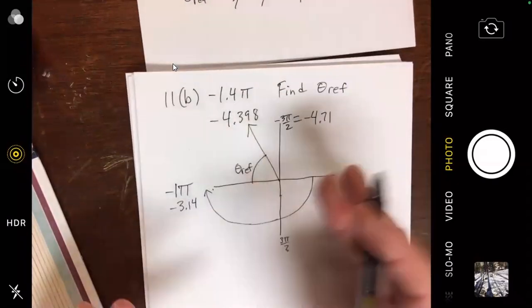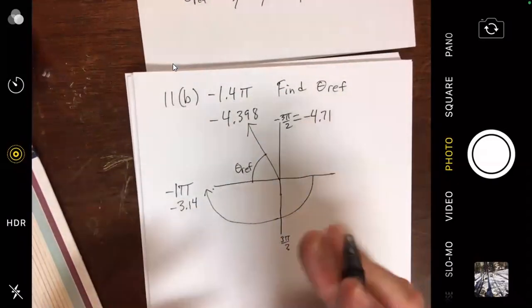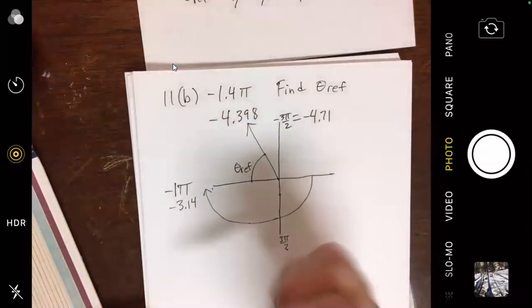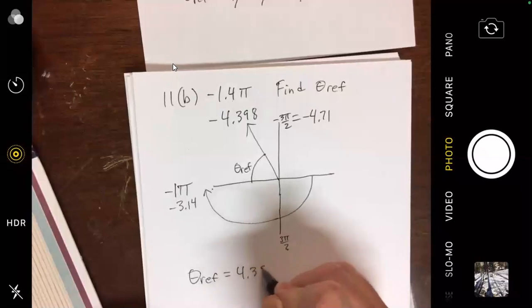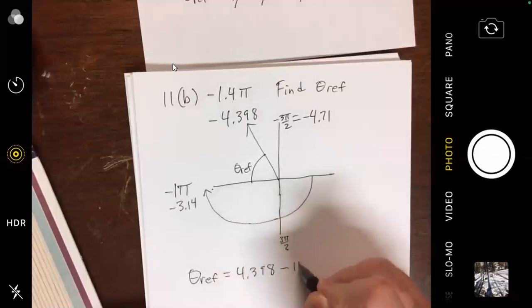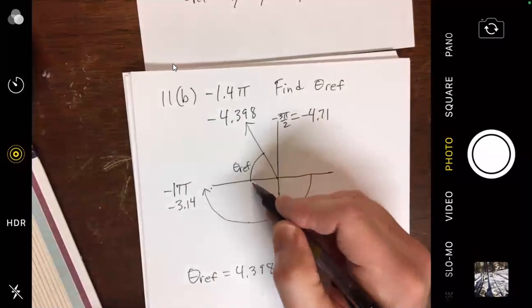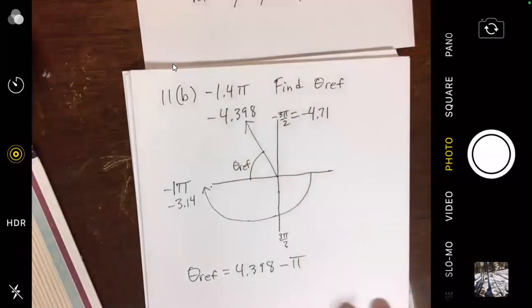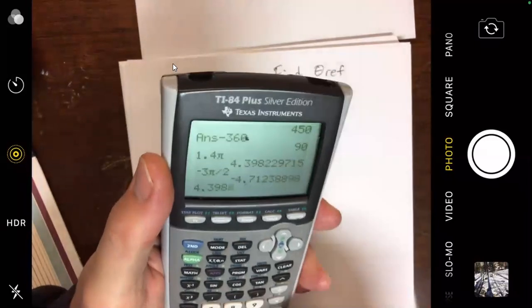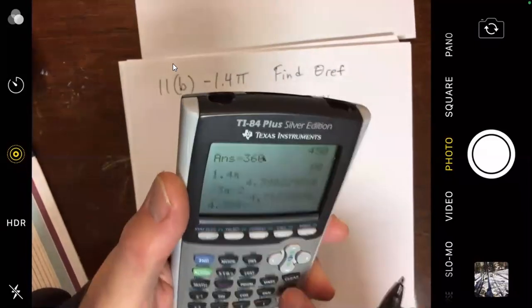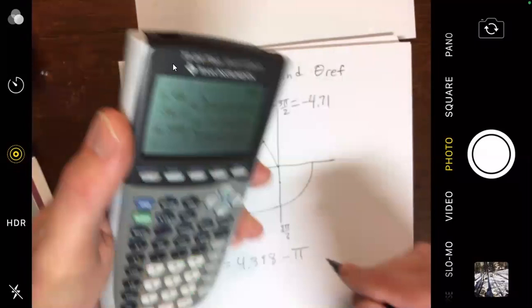Don't let all these negatives throw you. You might get your signs off and everything. Your theta ref is always positive. Theta ref, just make it 4.398, subtract pi. That's the space here. The negatives don't matter. 4.398 subtract pi, 1.256.